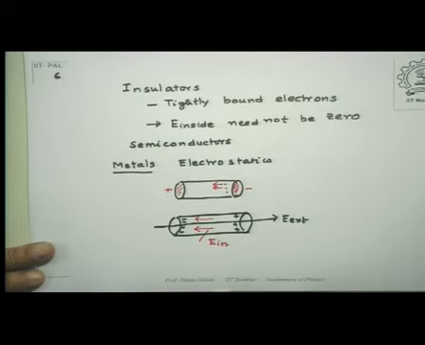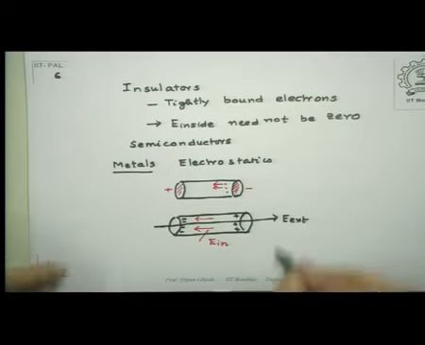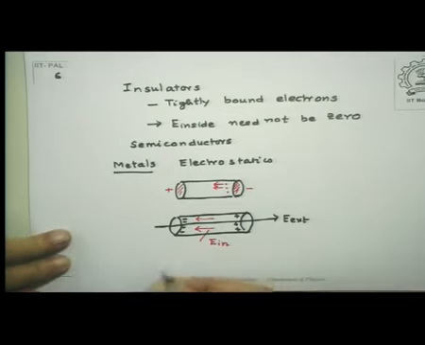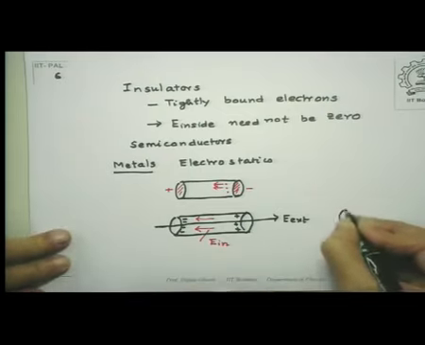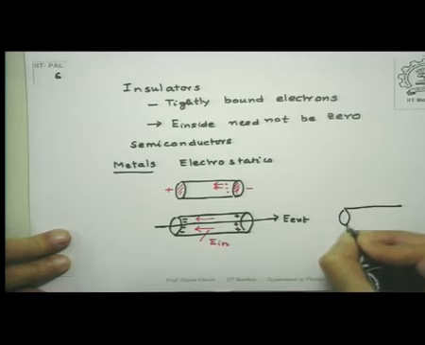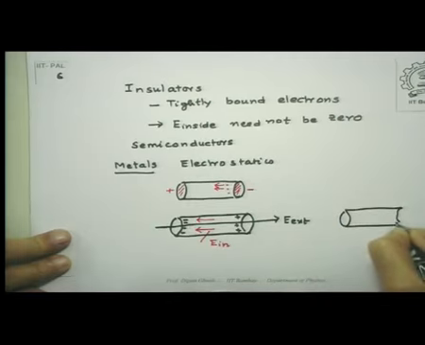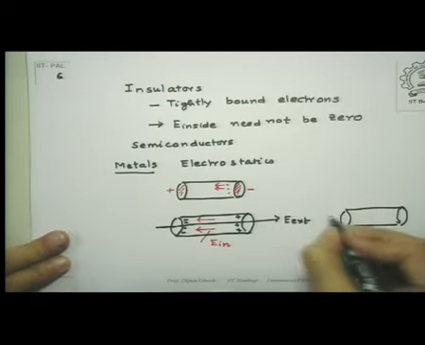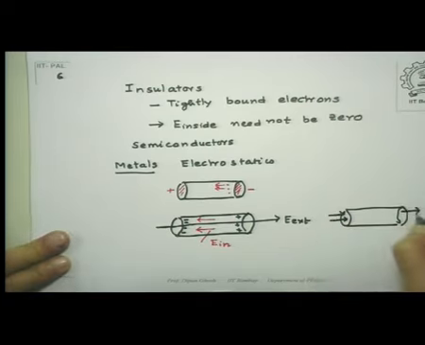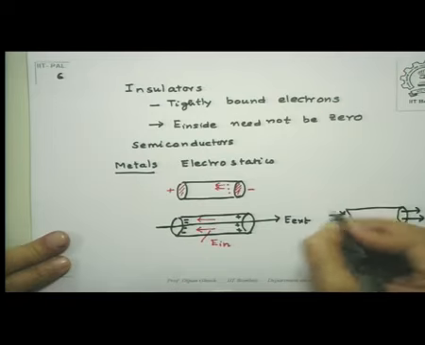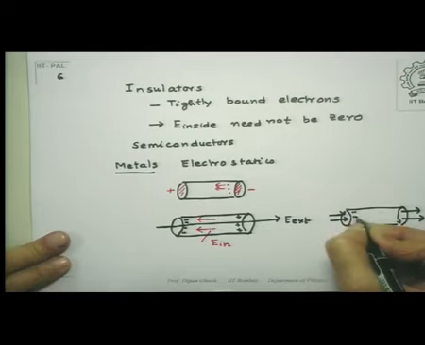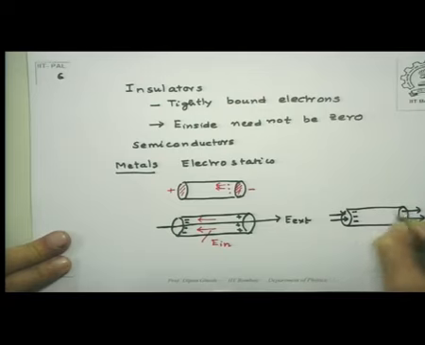Now, this is precisely what happens, and the picture that emerges out of this is like this: a conductor in an external electric field, the field lines are like this, no field inside. So, I have negative charges here, positive charges there, this is my E external.